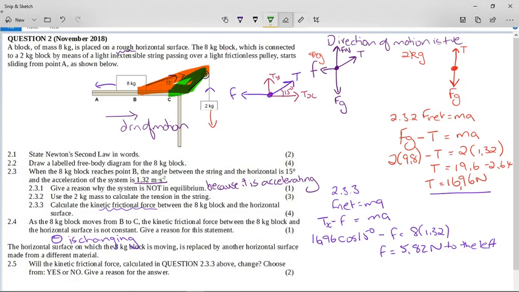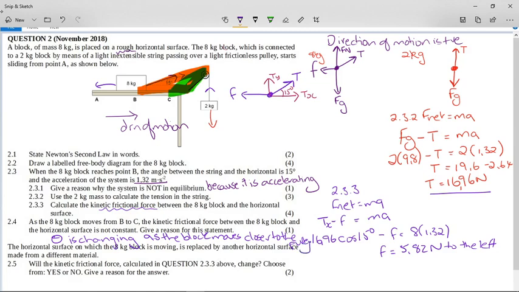The string has gotten steeper the closer it gets to the pulley. So the reason why the kinetic frictional force is changing is because theta is changing as the block moves closer to the pulley. Okay, I've put theta as a shorthand for the angle. So you shouldn't really write theta, you should say the angle is decreasing as the block moves closer to the pulley.